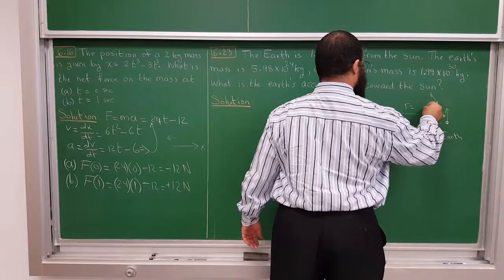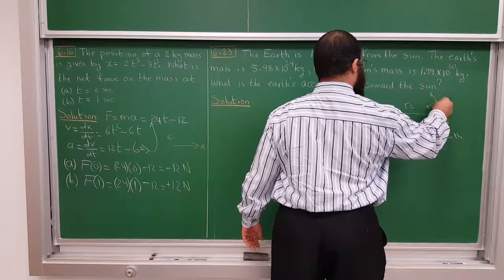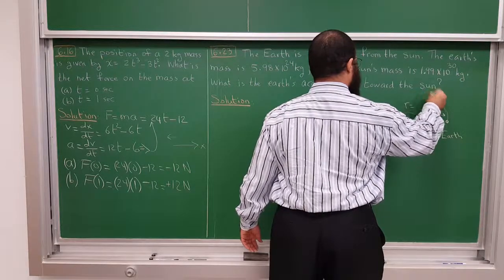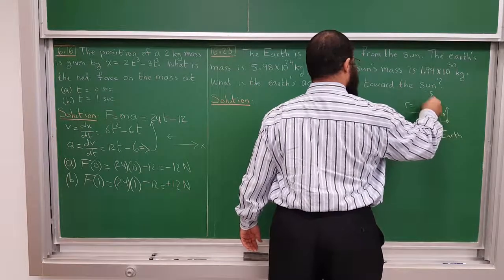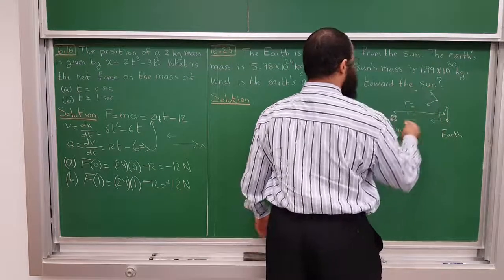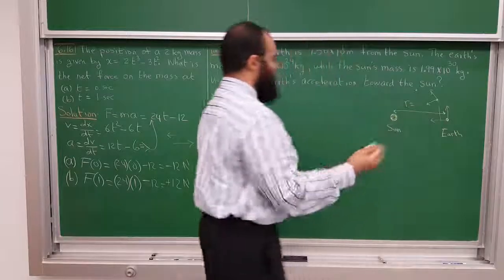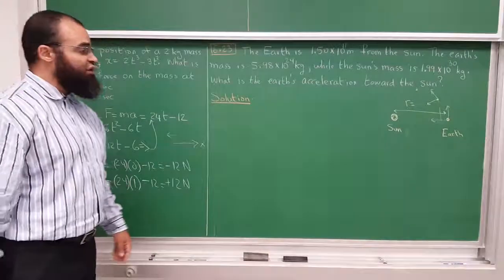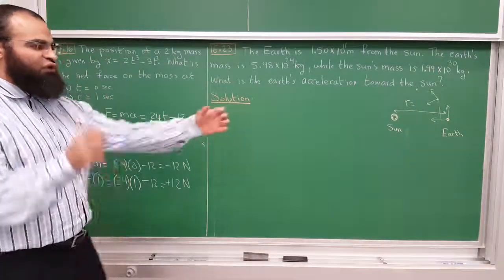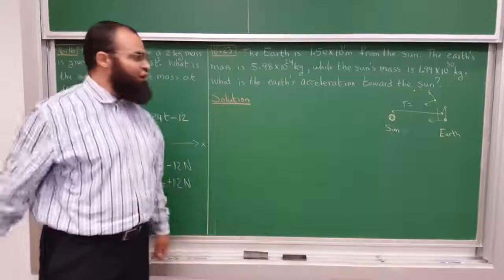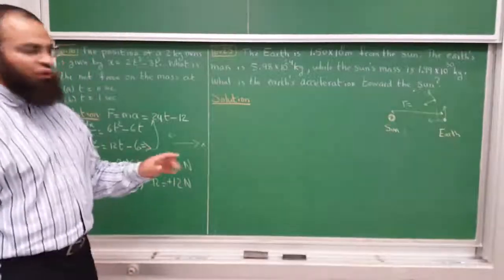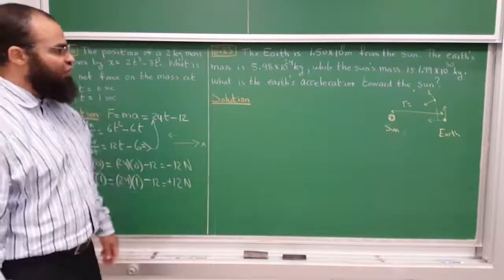So you're not going to just collide, because you have some tangential velocity. Yes, if you start at rest, you will just go and collide with the Sun. But you're not at rest.